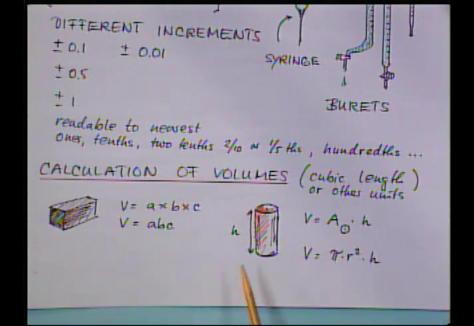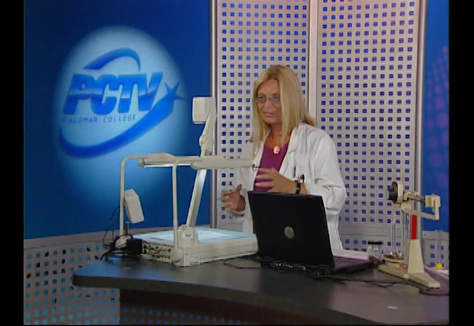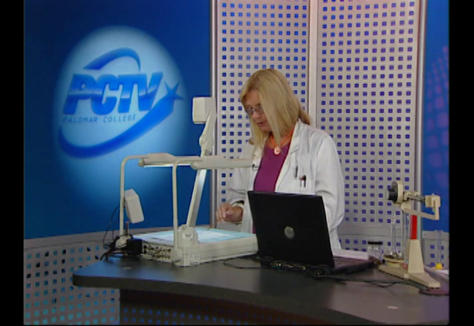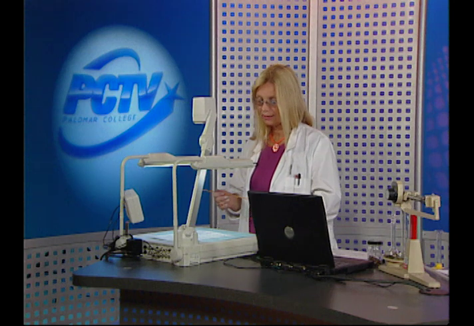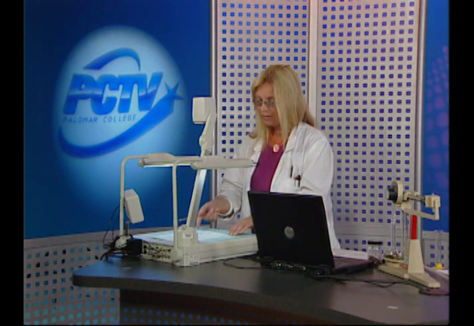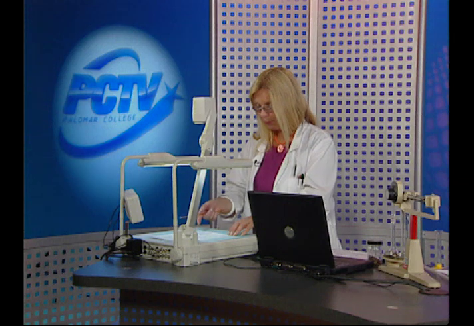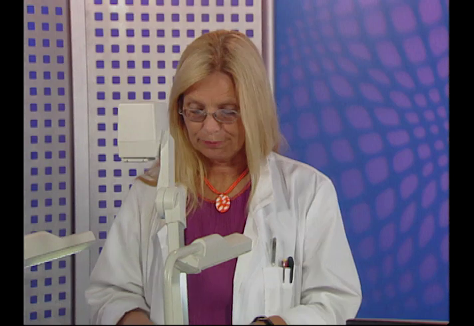Here we have to remember that it's height times the area of the circle, which is on top and at the bottom of our cylinder. So we need the radius and pi, which is 3.14. So pi times r squared is the area times the height, and we get the volume of a cylinder. So we don't have to throw it into the measuring cylinder, and often people break the measuring cylinder by plunging something too violently into the liquid.